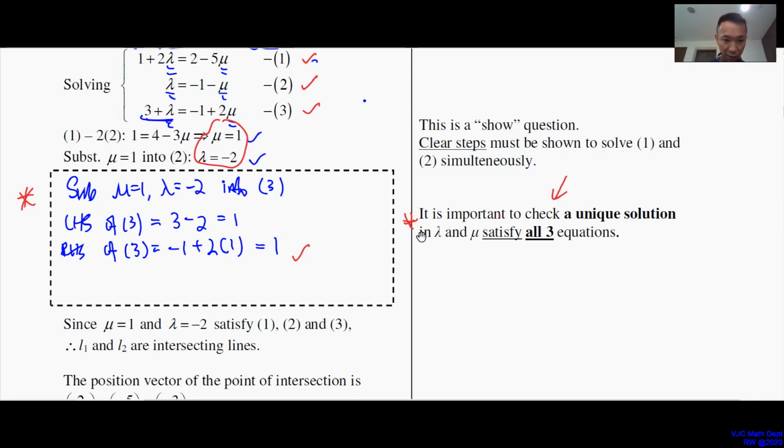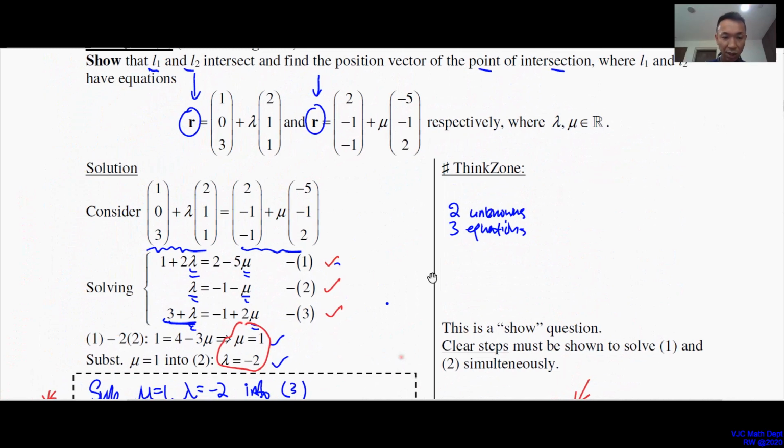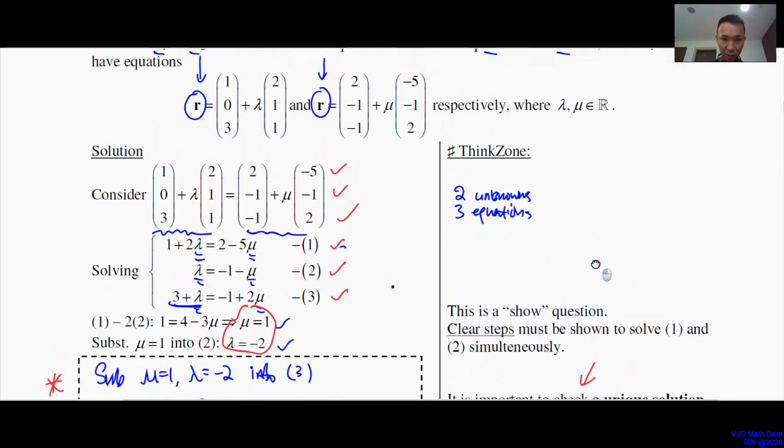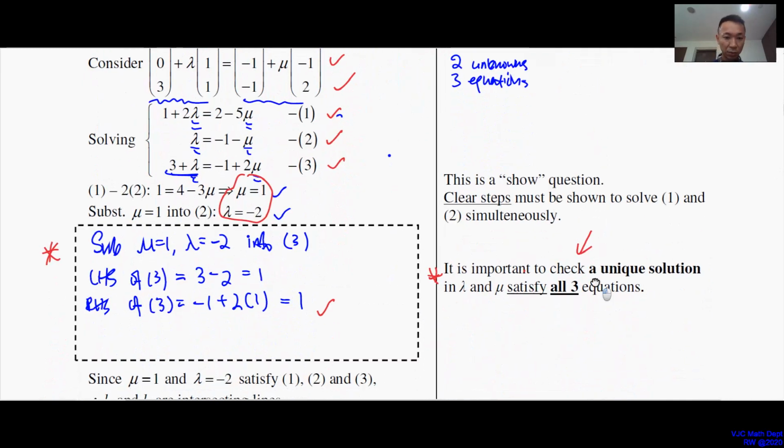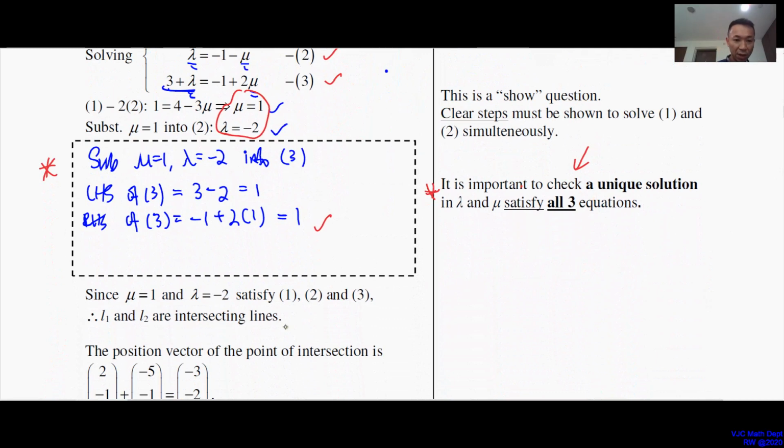What does it tell us? It just tells us that for the xyz components, you can find a unique lambda and mu that satisfy them. Then we can say for sure this point lies on both L1 and L2. So we can see now L1 and L2 are intersecting lines.